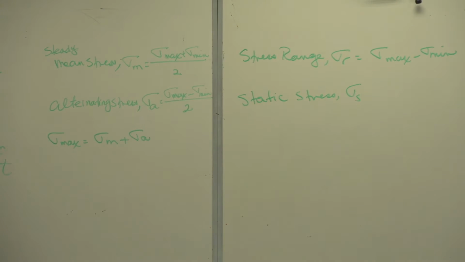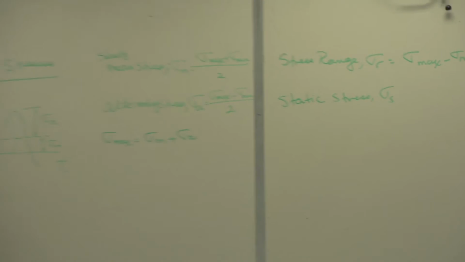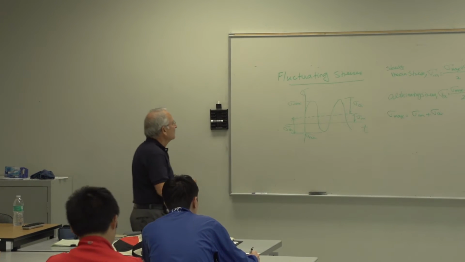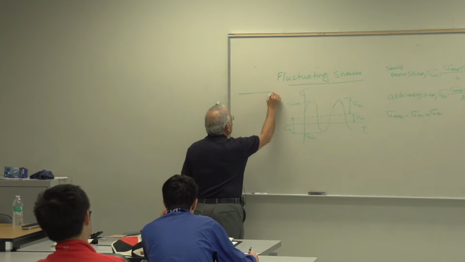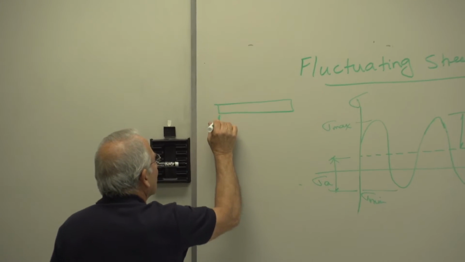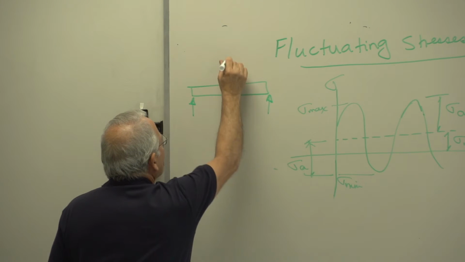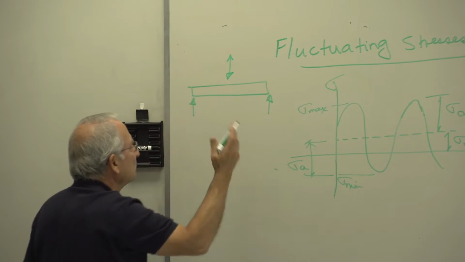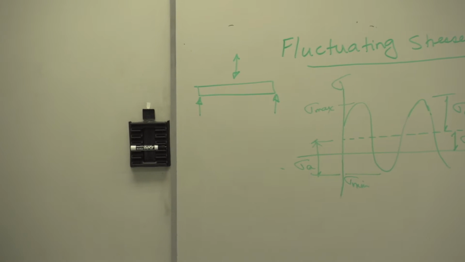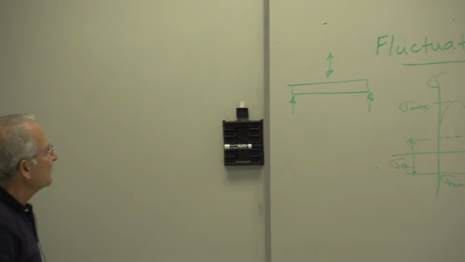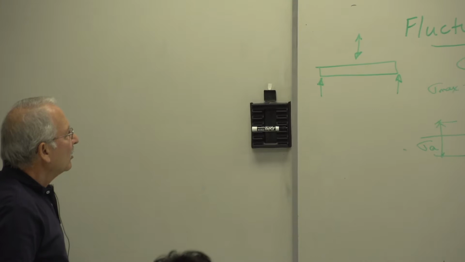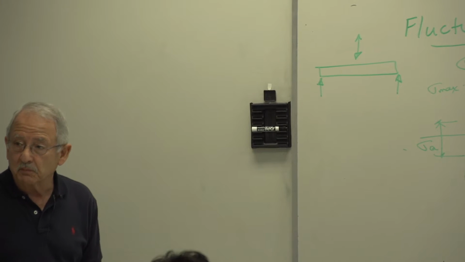is a stress that is applied to the material and essentially has nothing to do with the fatigue loading. The best example of this is weight. For example, if you have a beam simply supported with a load that varies between some value up, some value down, we usually neglect the weight of the beam.